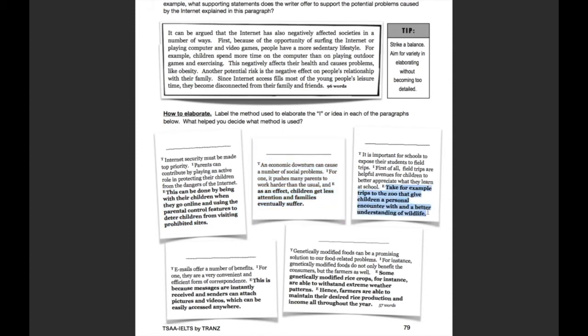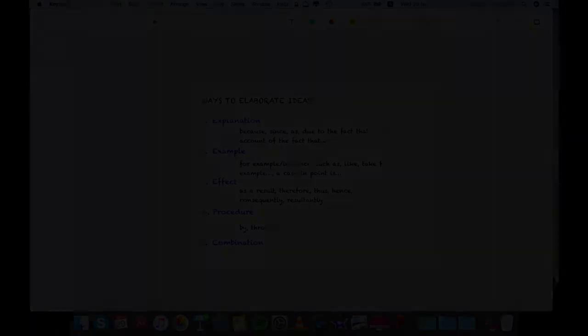Okay, so you might want to guide them first. For example, you can read this yourself and then ask them, so what exactly is this manner of elaboration here? So from among the 5 methods that you have flashed or written on the board, this is a procedure.